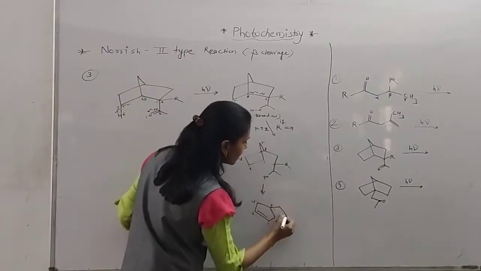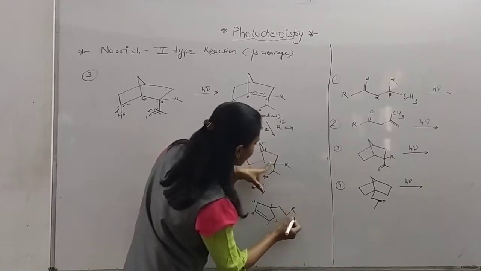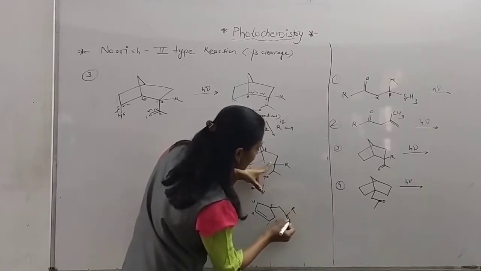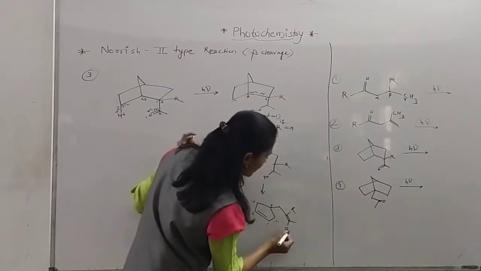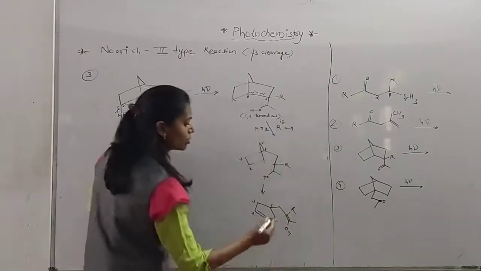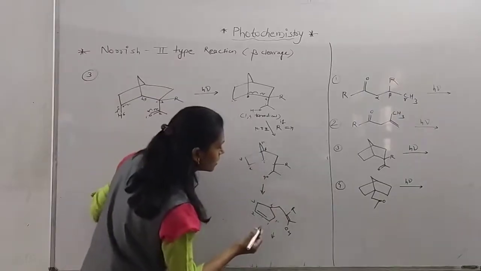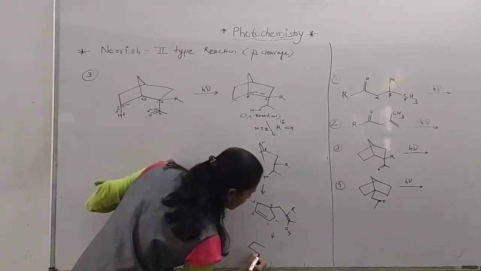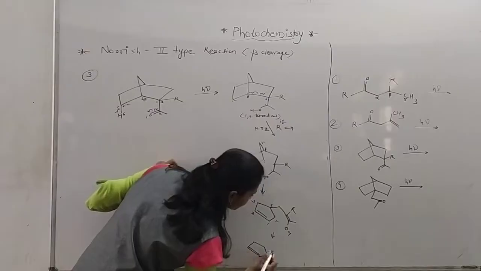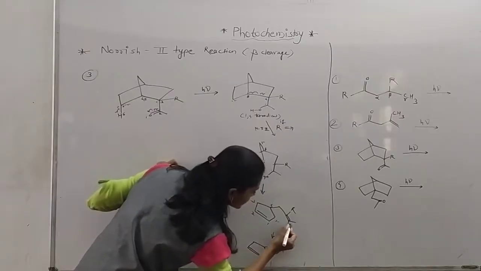Next there is the R group, and here the double bond is formed. Again there is CH3, there is OH, that is an enol. So the enol converts into the ketonic form. We get the product like this. As this is an enol.